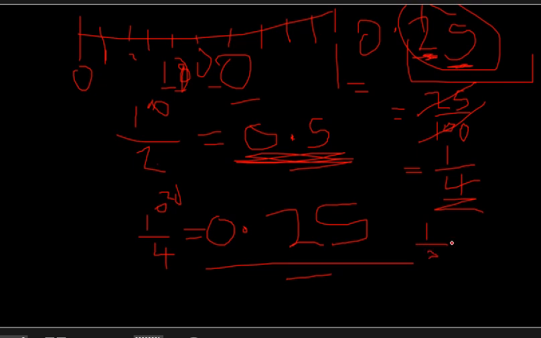That's a decimal. 1 over 3 as a fraction, put it into a decimal, it's going to be 0.333, and it will continue going 0.33333333333.